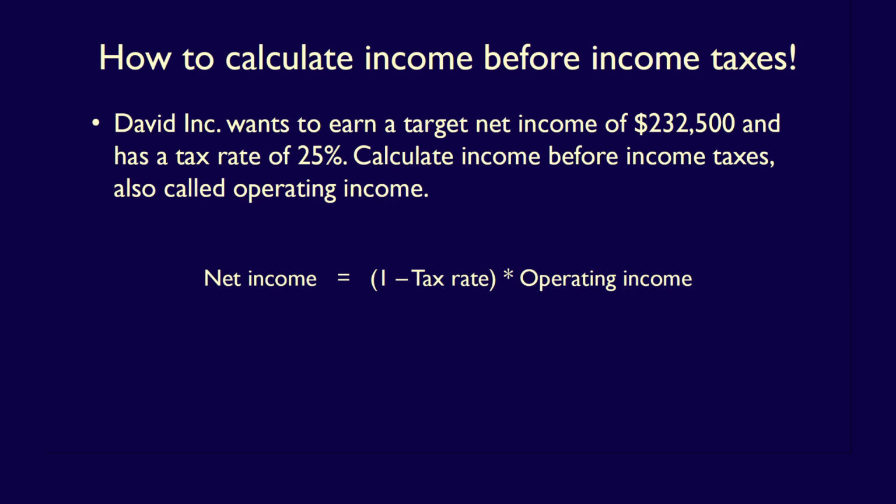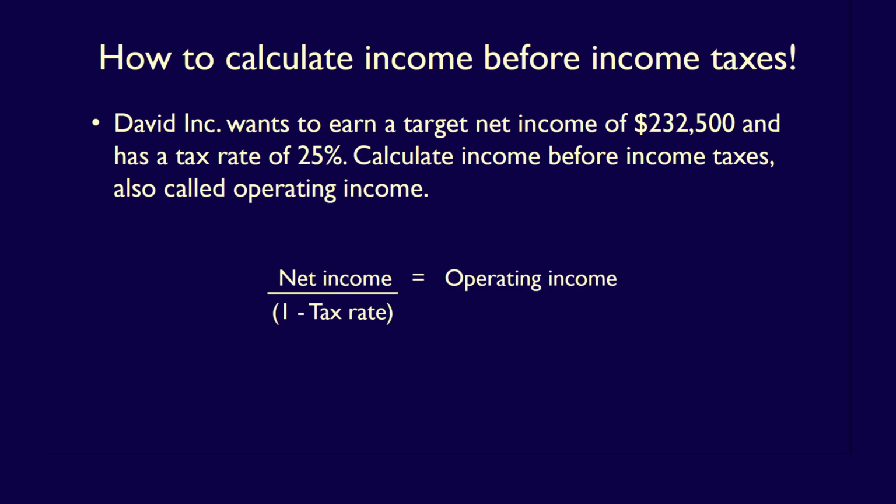Let's now solve for operating income. To do that, we have to divide both sides by 1 minus the tax rate. So net income divided by (1 minus the tax rate) is equal to (1 minus the tax rate) multiplied by operating income, all divided by (1 minus the tax rate). We can simplify this into net income divided by (1 minus the tax rate) is equal to operating income, which is, of course, income before taxes.